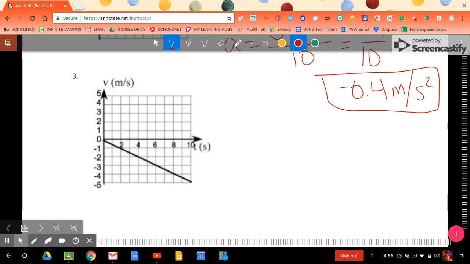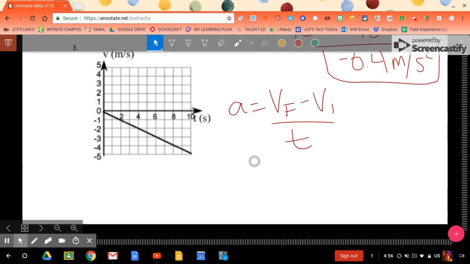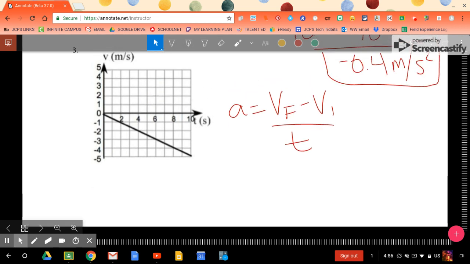Okay, next problem. Again, write down my equation. Acceleration equals final velocity minus initial velocity divided by time. So in looking at this one, I highlight my 2 points. So this is my final velocity and this is my initial velocity.